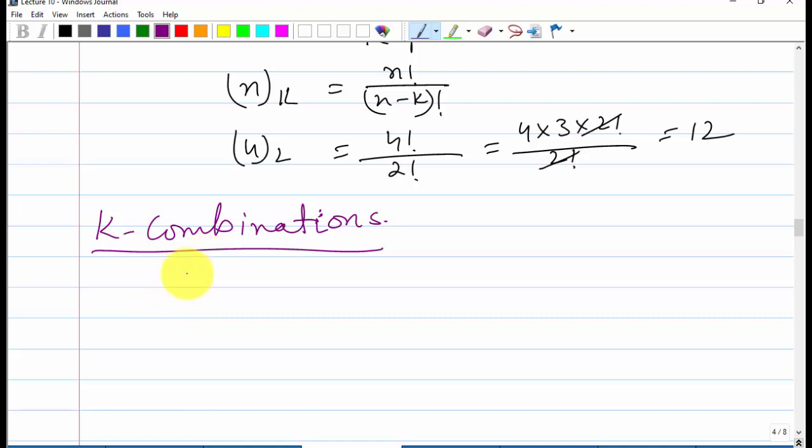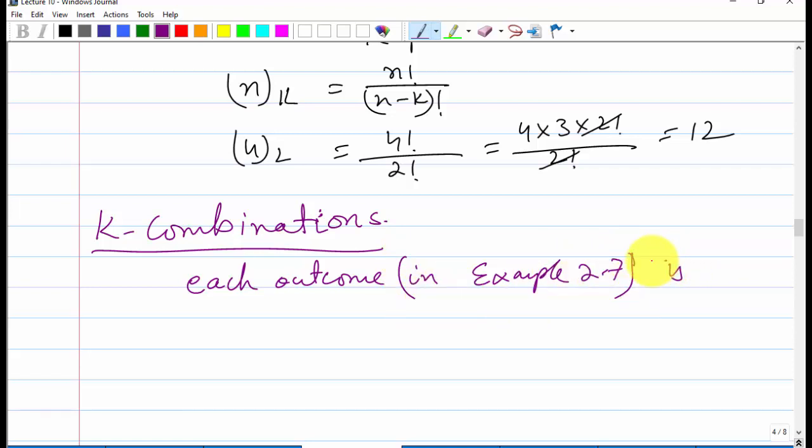In 2.7 we have the 6 outcomes, and each outcome in example 2.7 is a subset of the outcomes of k permutations in example 2.8.